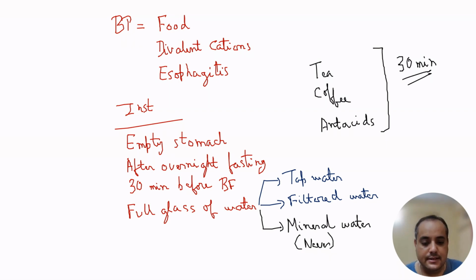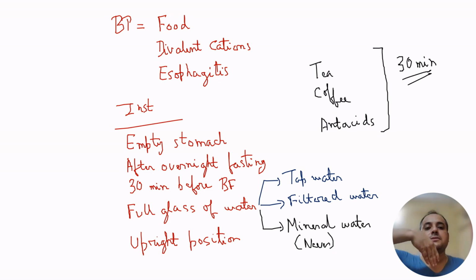Another very important point to remember is that the patient must be in an upright position after taking this drug, because if the patient lies down, the motion of the drug going down is going to be less, and hence the chances of it being in contact with the esophagus will increase, and hence the chances of heartburn or esophagitis will increase.